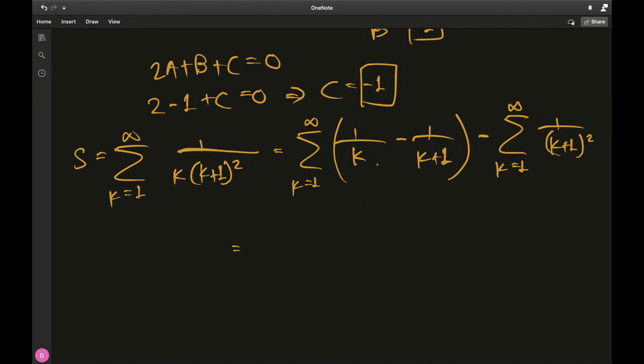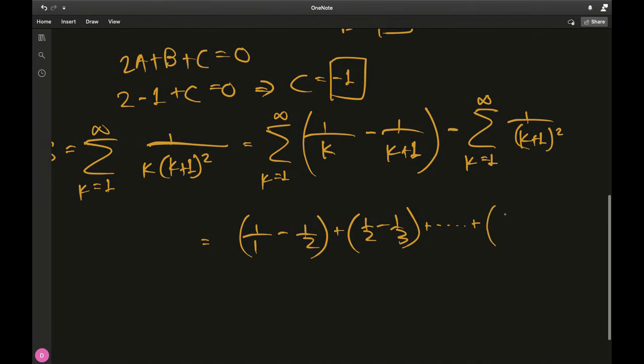So let me just write some of these terms. For k equals 1, we have 1 over 1 minus 1 over 2, and then a half minus 1 over 3, and that goes on. And the last term we have is 1 over k minus 1 over k plus 1. Again, because it's an infinite sum, we need to take the limit as that last term k goes to infinity.